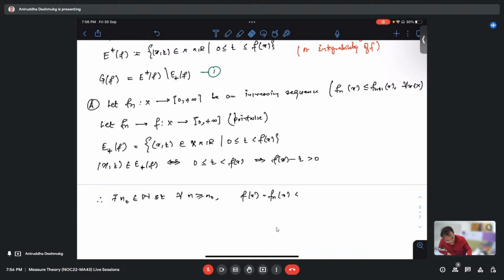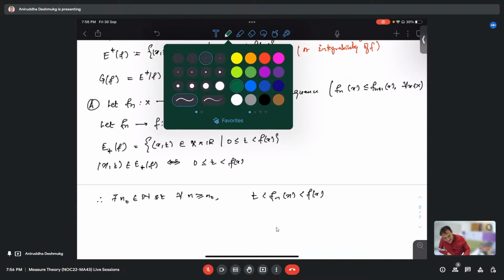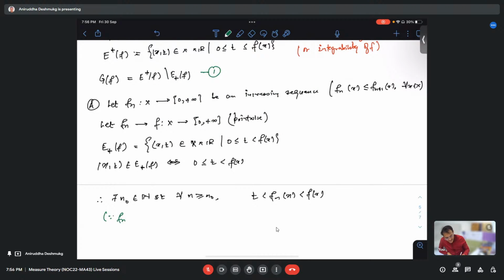Well, no. What I want is t is less than Fn of x, and this is less than f of x. Yes. So I'm not going to use this fact. I'm going to use the fact that since Fn increases to f, f of x is actually the supremum of Fn of x.